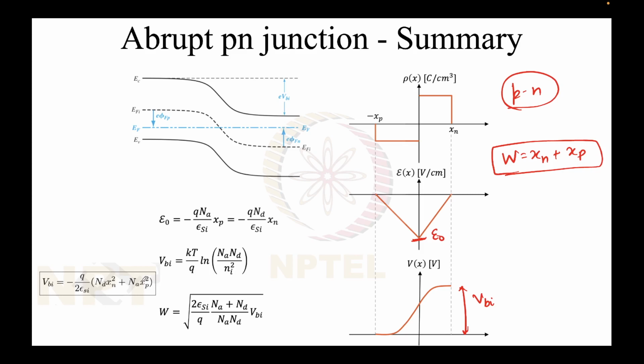Maybe towards the end of today's session, we'll have a brief look into the PIN, that is p-type, intrinsic, n-type junctions, and one more specific type. Apart from that, everything from this point onwards will be numericals.